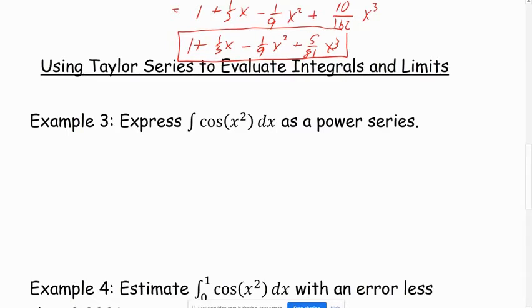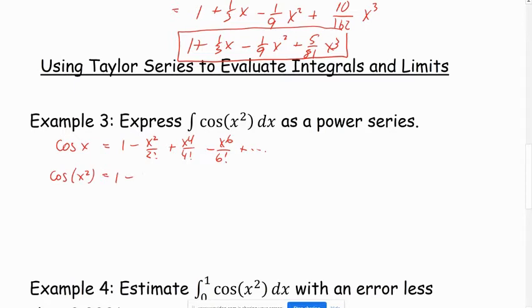So if we use a Taylor series to represent this, we know the series for cosine is 1 minus x squared over 2 factorial plus x to the 4th over 4 factorial minus x to the 6th over 6 factorial. So we know that from previous lessons and from our table of common Maclaurin series. And so if we want the cosine of x squared, all we have to do is replace all the x's with x squared.